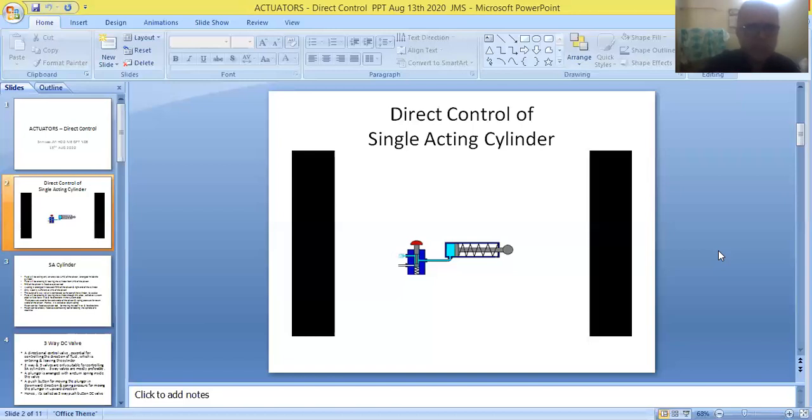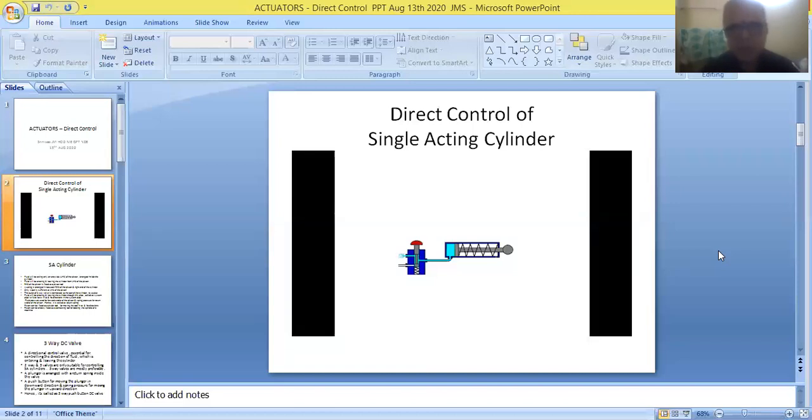That's why it is called the outlet of the DC valve. This outlet port is fitted to the pipeline that is entering the port of the cylinder. So this is the second passage. This is referred to as the inlet port of the DC valve, and this is referred to as the outlet port of the DC valve.